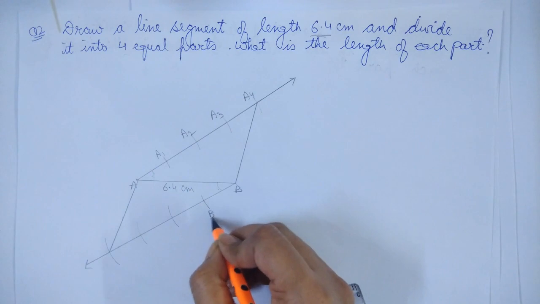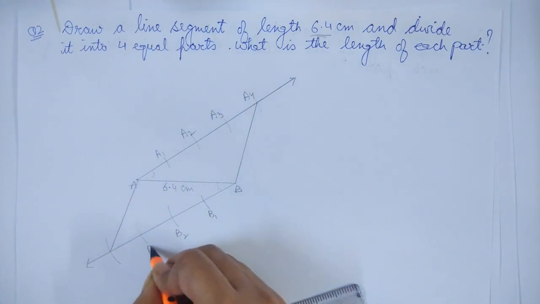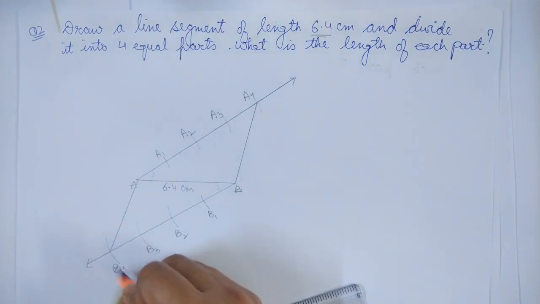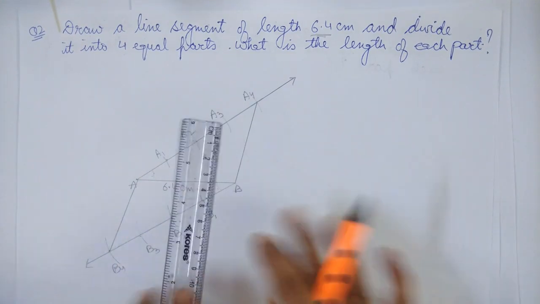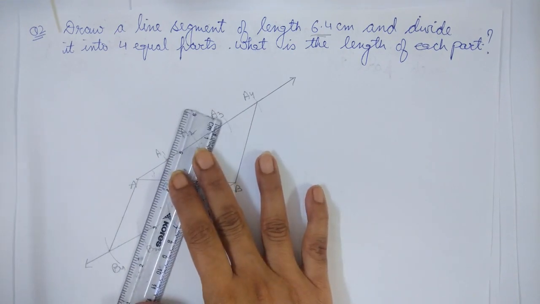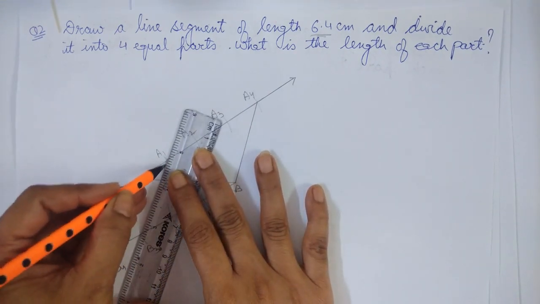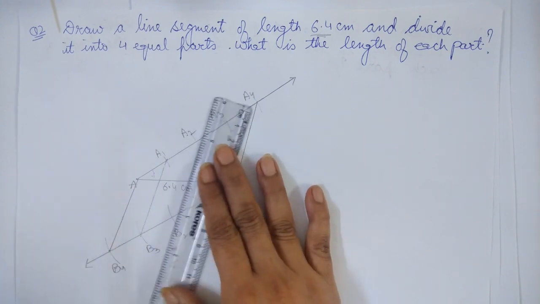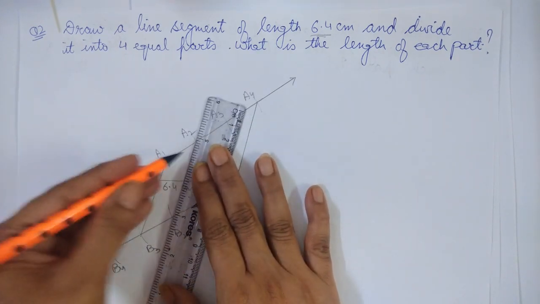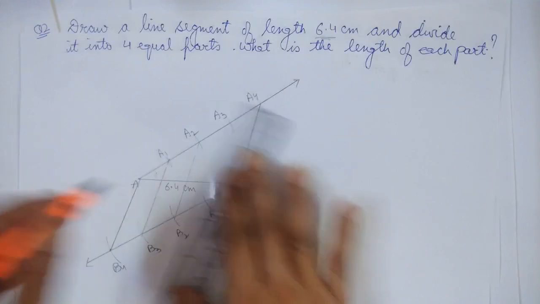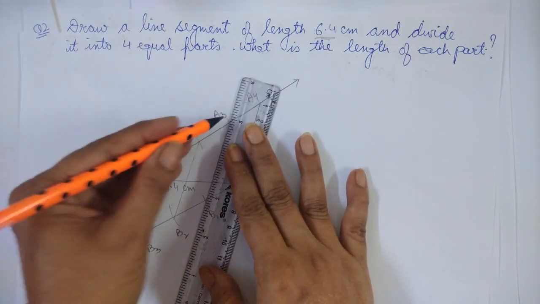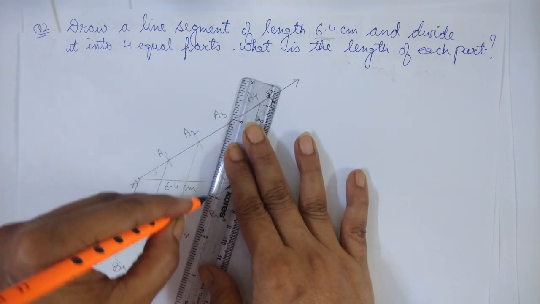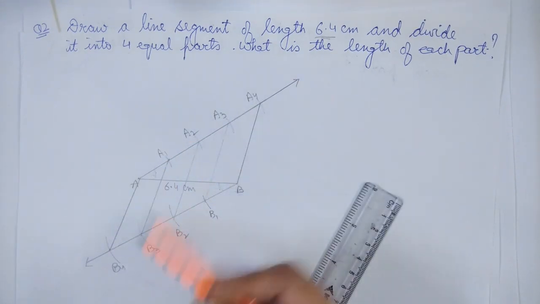Same way B1, B2, B3 and B4. Now join A1 with B3. Show it with the dotted line. A2 with B2. Then A3 with B1. Like this. And if you observe, all these lines are parallel to each other.